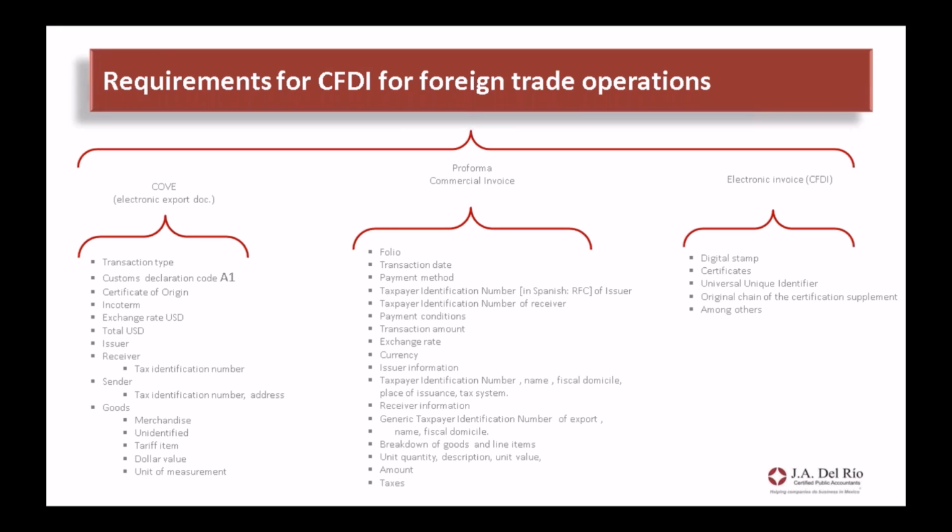Following up, to make an export you need what in Mexico is called a pro forma invoice. It is pretty much known as a commercial invoice, the one that you use at the border to declare the value of the goods. And then we have the other document, which is called COVE in Mexico.